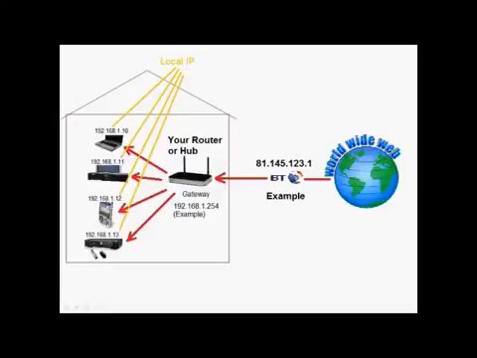These IPs are not known to the outside world, so they are only valid within your local area network. Maybe your neighbor has got the same numbers within their local area network, but this IP address here is unique to you and no one else has it.